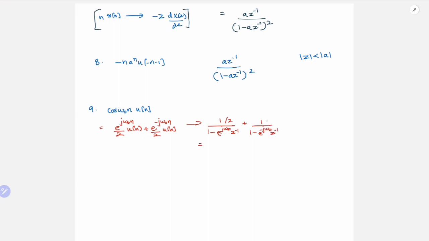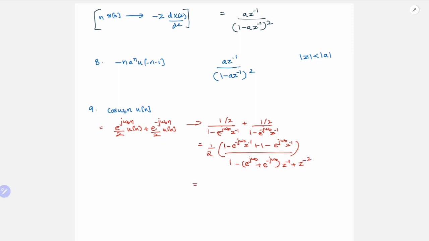So if you try to simplify, what will you get? You will have the 1 by 2 term here into 1 minus e power minus j omega naught z inverse plus 1 minus e power j omega naught z inverse, divided by the multiplication of these. So you will have 1 minus e power j omega naught plus e power minus j omega naught into z inverse, plus z inverse square, since the e power j omega naught terms go away.